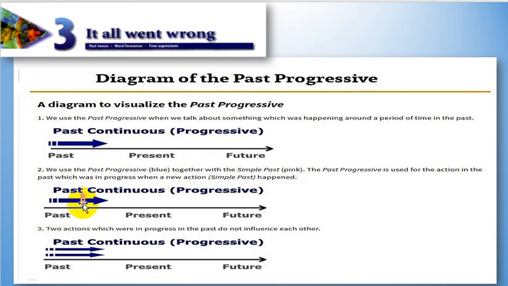So the pink bar, the action of interruption, is in the past simple tense, while the long arrow is in the past continuous tense. We also use it when two actions take place and do not influence each other. Sally was writing a letter and Steve was having dinner. Two processes took place in the past, but they do not influence each other.